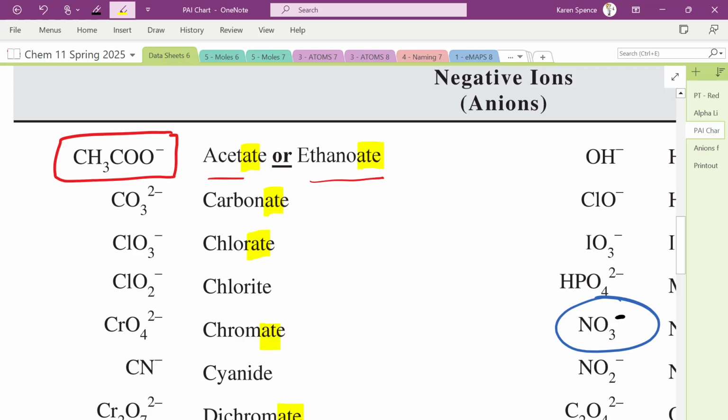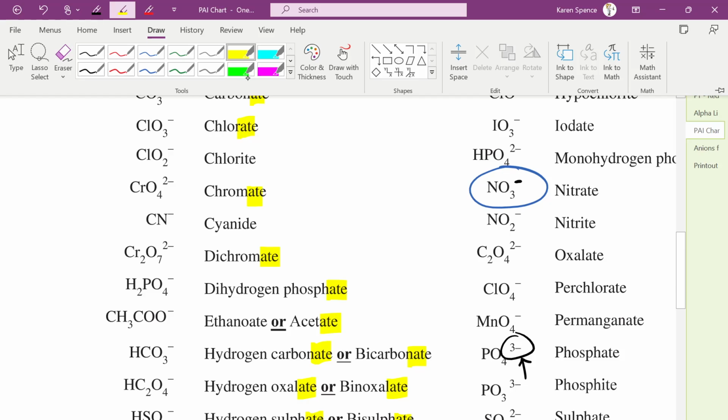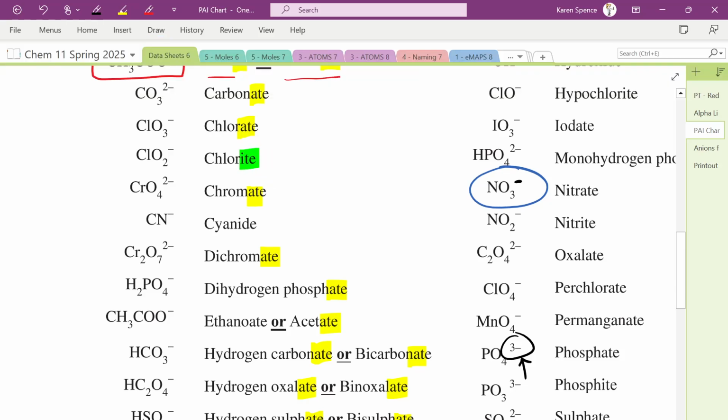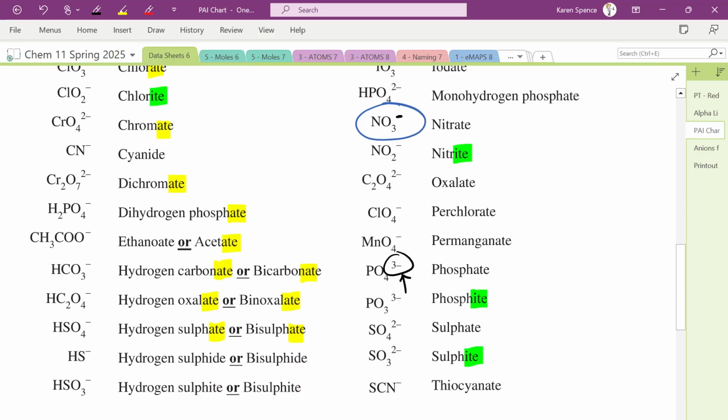A lot of them end in ate, and then a few of them end in ite, and there are 2 that are ides. Okay, and that'll come in important if you decide to do the enriched stuff and learn how to name acids. That will matter a lot. But for now, the names are just what they are.